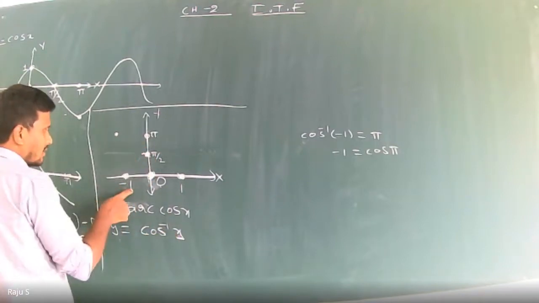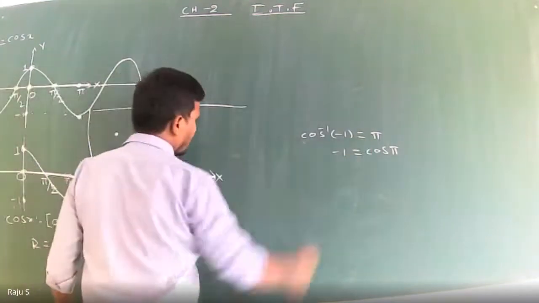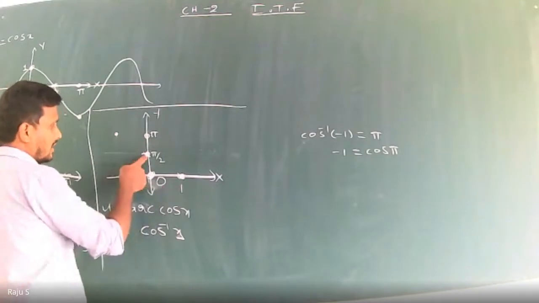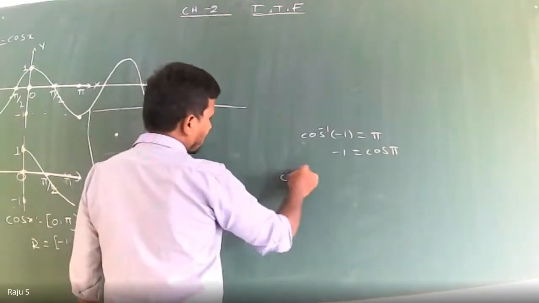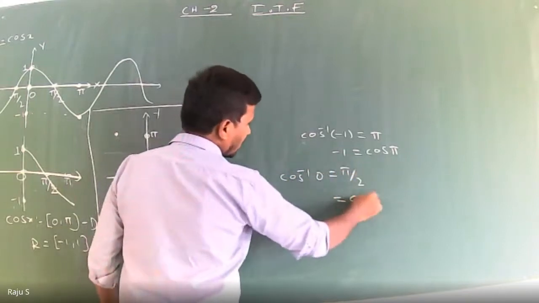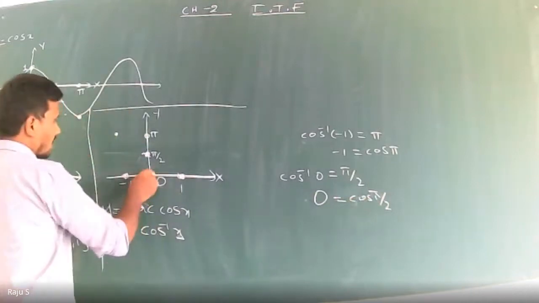Sorry, cos inverse of minus 1 is 180, the theta value is 180. Then cos inverse of 0 is 90. Cos inverse of 0 is equal to what? 90, because taking cos on the right side, cos 90 is equal to 0.